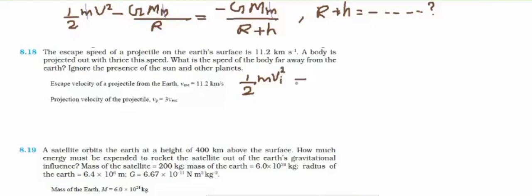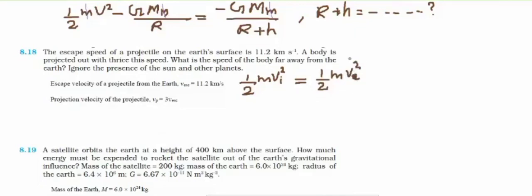And this initial kinetic energy is used for two purposes. One is it has to escape from Earth's gravitational attraction, for which the object has to spend a kinetic energy corresponding to escape velocity v.